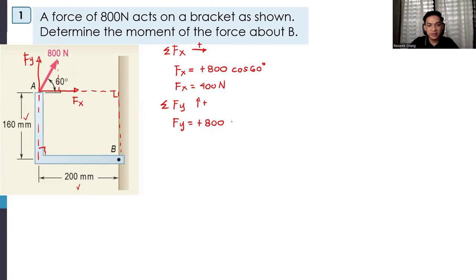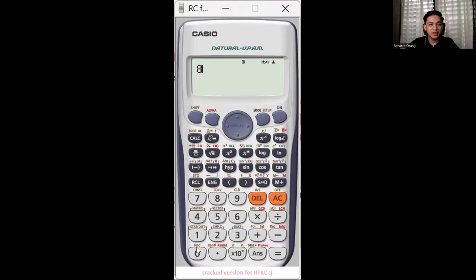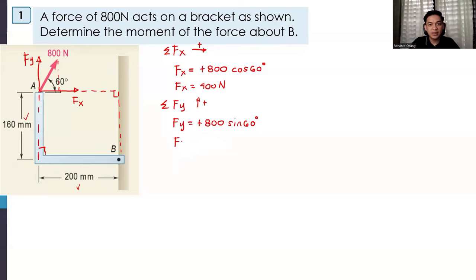So kapag opposite, that is sine of 60 degrees. We have 800 sine of 60, that is equivalent to 692.820 Newton. So Fy natin, class, is equivalent to 692.820 Newton. So meron na po tayong Fx and meron na po tayong Fy.